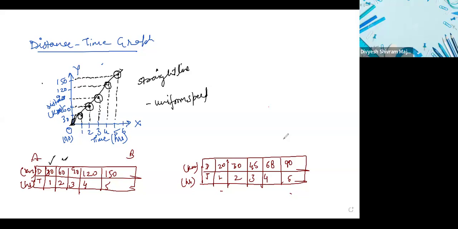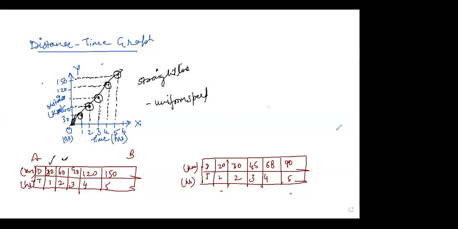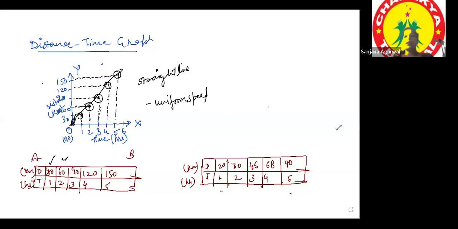10 kilometers. If you take a gap of 10, you need to put 10 markings. It's your choice completely. If you take a gap of 10 kilometers, you will have 10 points marking on the y-axis.